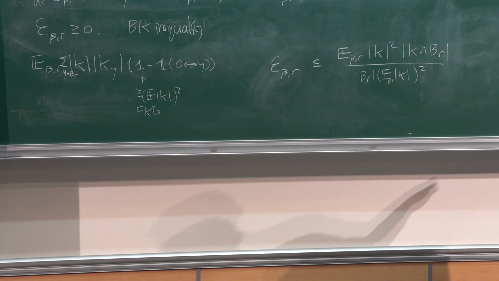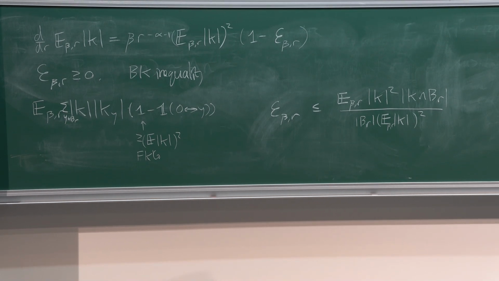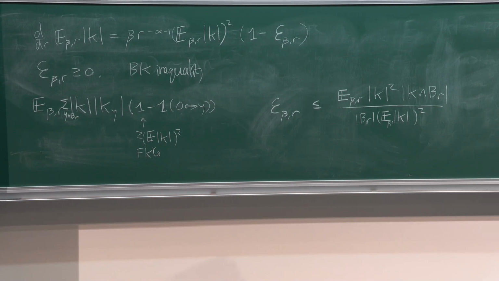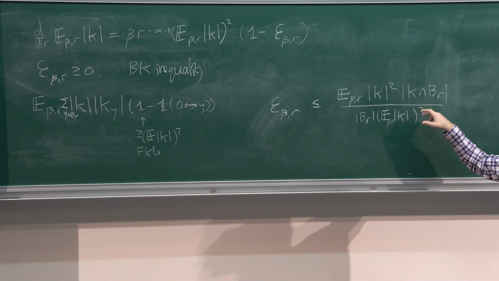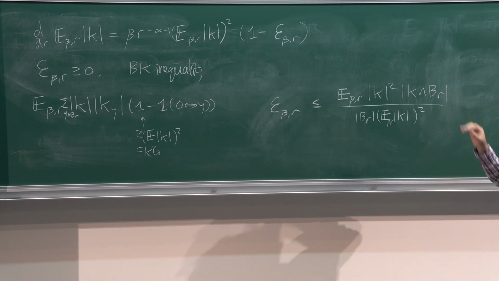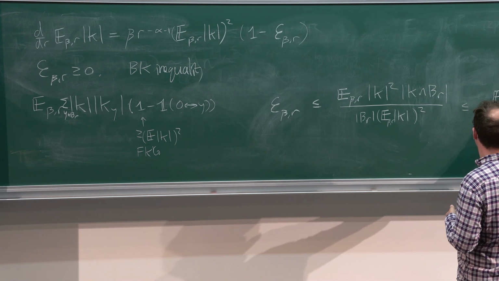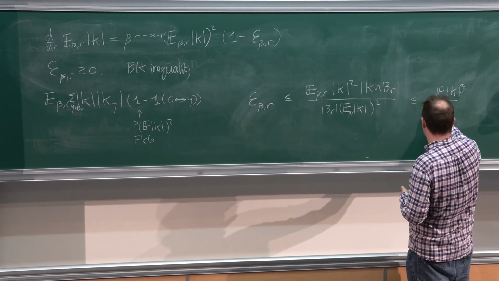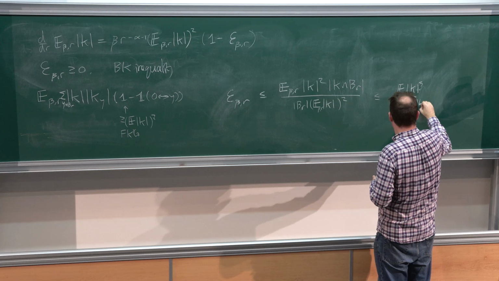So for some things like at the critical dimension and so on, the fact that you're restricting to a ball here is important, but for the analysis we're doing now, it's not. We're just going to bound this above by the ratio of the third moment to the volume of the ball times the square of the first moment.